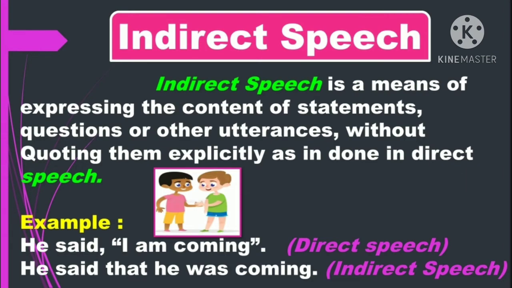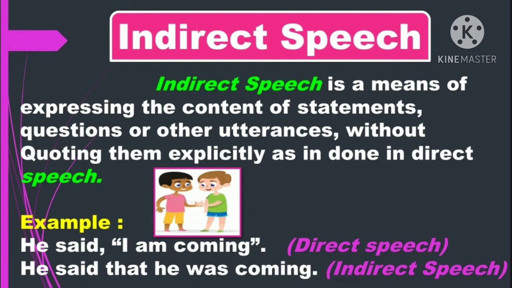Okay, what is indirect speech? Indirect speech is a means of expressing the content of statements, questions, or other utterances without quoting them explicitly as is done in direct speech.